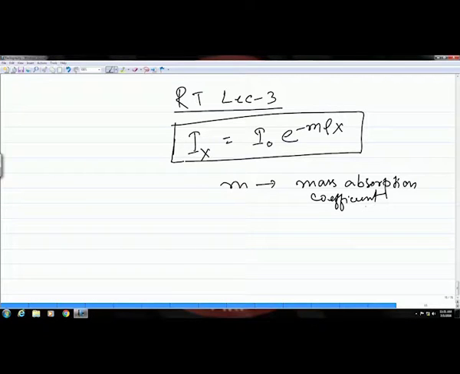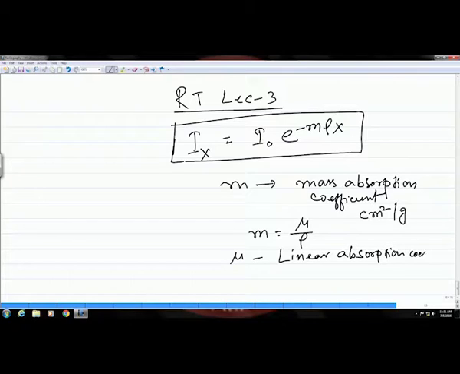And the unit for this is centimeter square per gram, and we have also seen that AM is equal to mu by rho, wherein mu is the linear absorption coefficient, and the unit for mu is centimeter inverse. Okay.